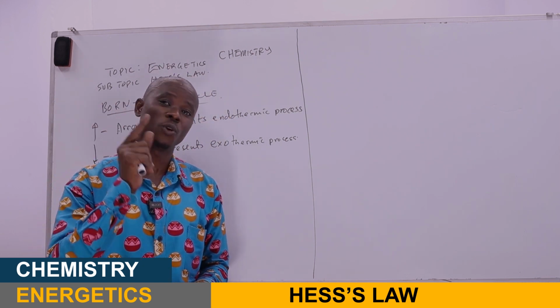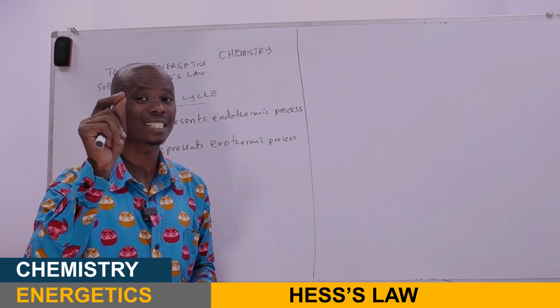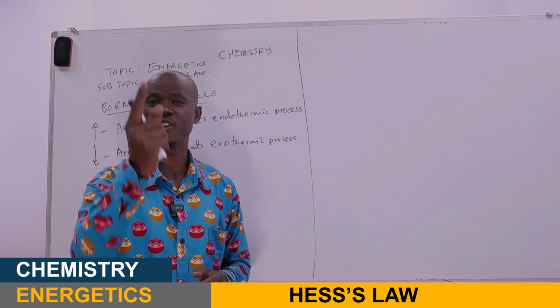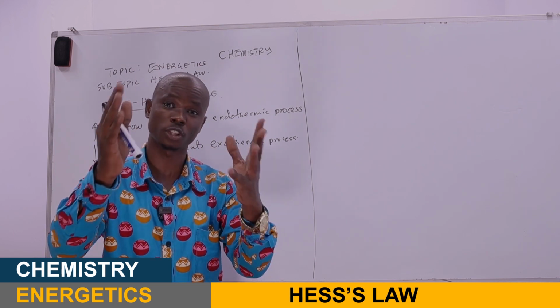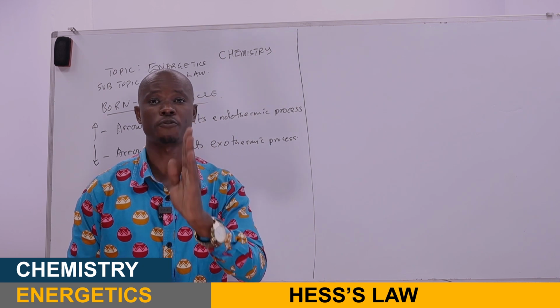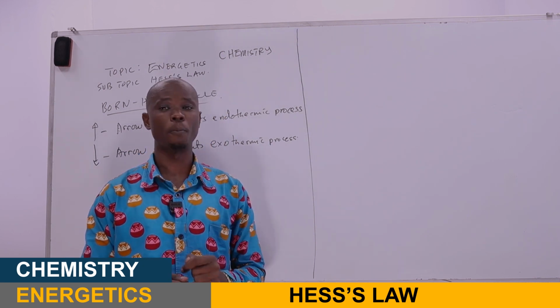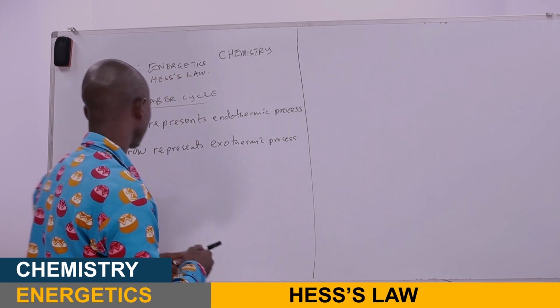Now, if you fail to write the chemical formula of the given compound, it will be very difficult for you to solve the problem or to draw the Born-Haber cycle. So it is very important to use the symbols and formulae to write the correct chemical formula of that compound. So the compound given there is aluminum oxide.